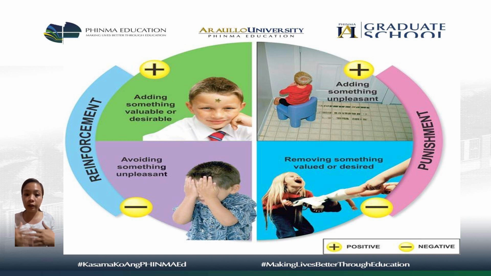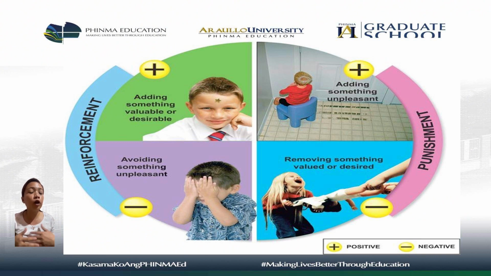First is positive punishment. Positive punishment means we are adding something unpleasant or undesirable to our students. O ito yung mga bagay na binibigay natin na ayaw ng isang estudyante. For example, we have a student who is falling asleep during our class. So as a consequence, this would make us upset and verbally scold the student to wake the student up.